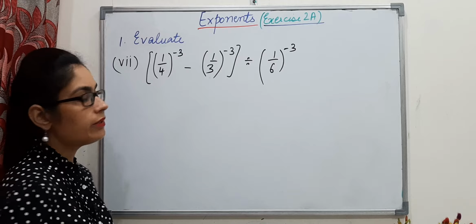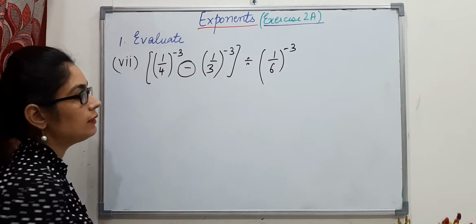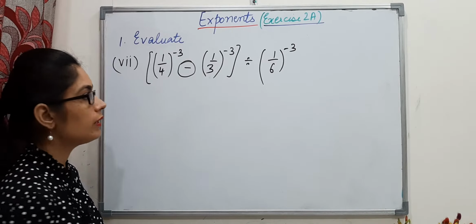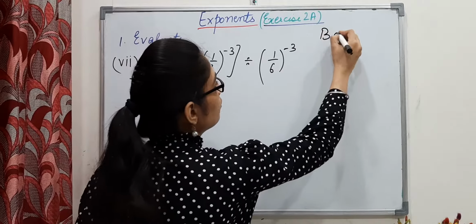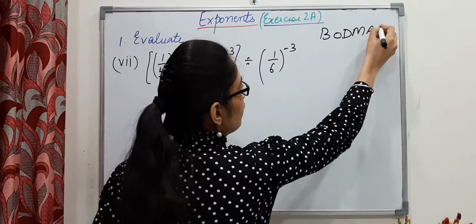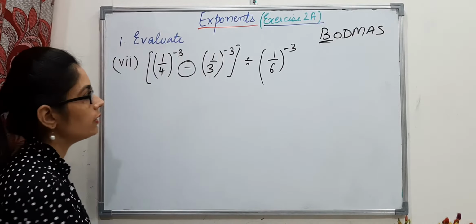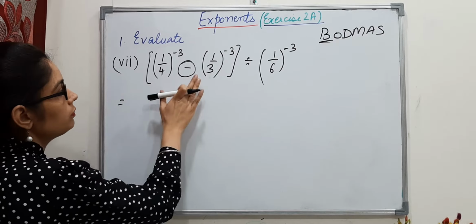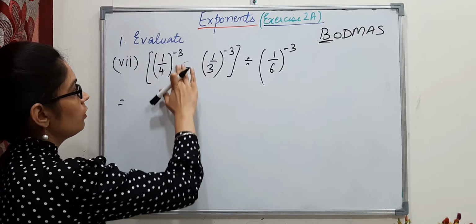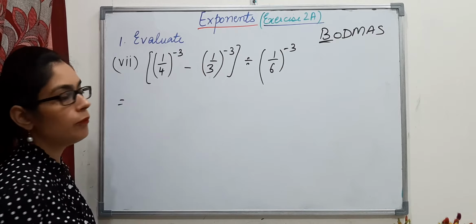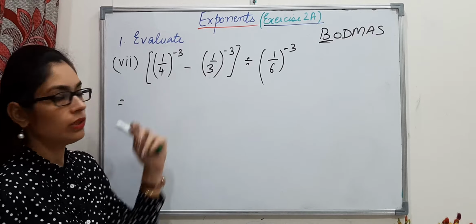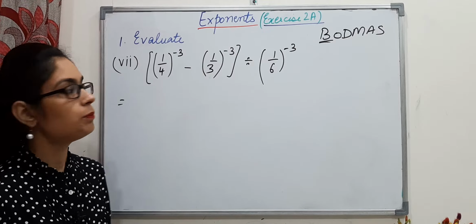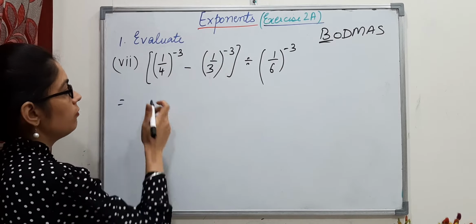If we see this question, first of all, a minus sign is there, so we cannot apply the rules here. We only have to do BODMAS. What we have to do is solve the brackets first. First step: since it is subtraction, we can make the powers positive, because the powers are negative here.